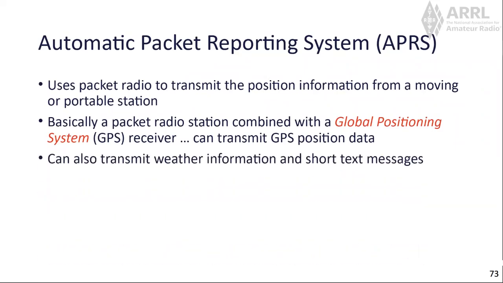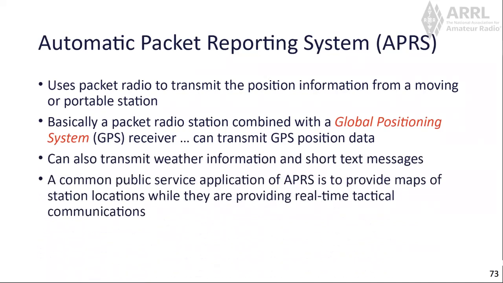It can also transmit weather information and short text messages. A common public service for APRS is to provide maps of station locations while they are providing real-time tactical communications.